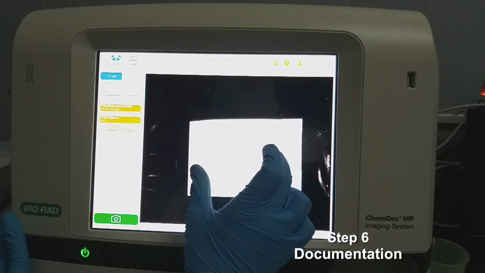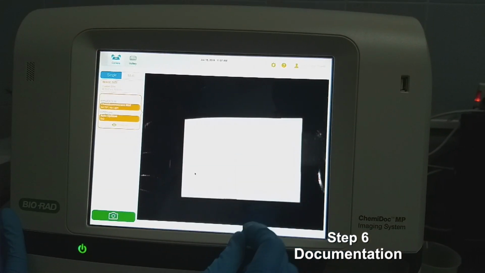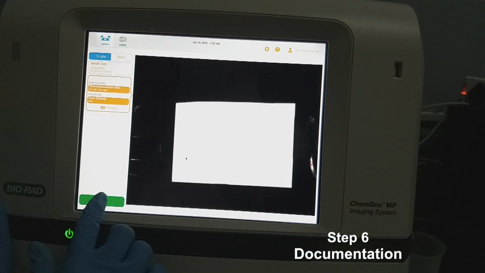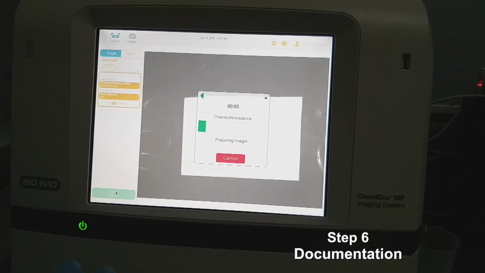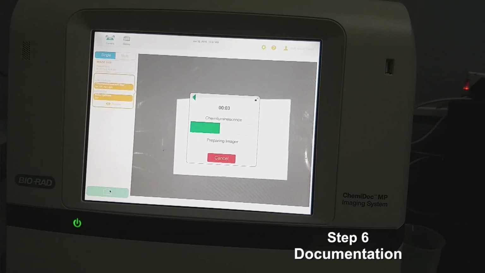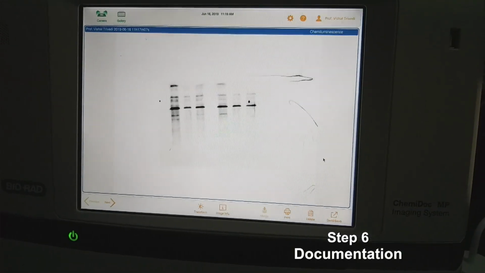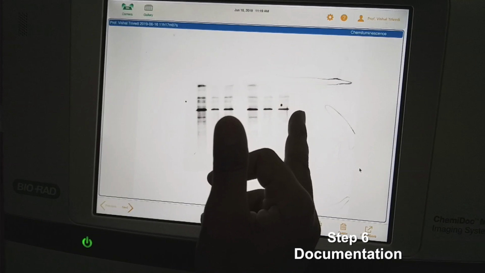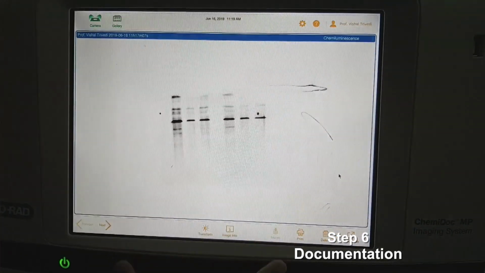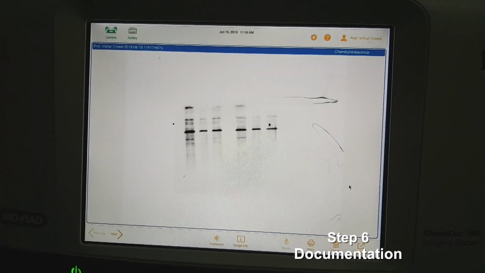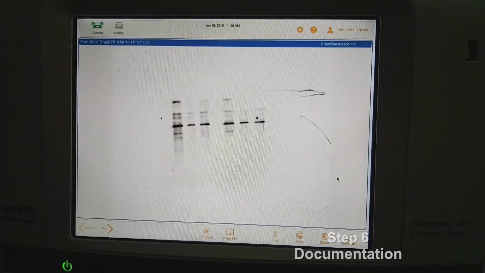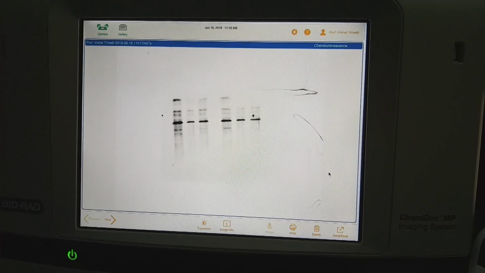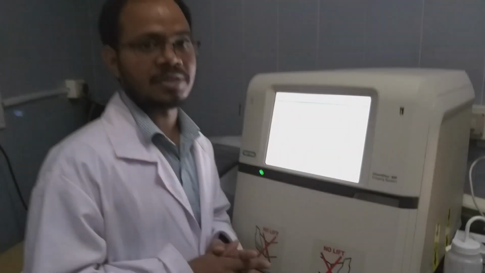You can enlarge the blot also. This is the developed blot, and as we can see, the band pattern. This is how we develop a Western blot through electrochemiluminescent substrate.